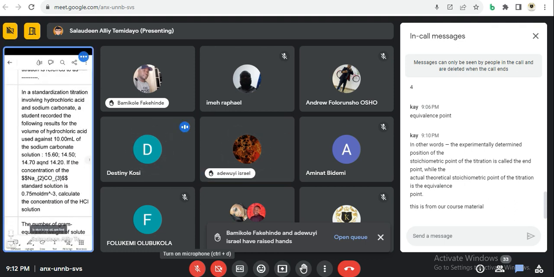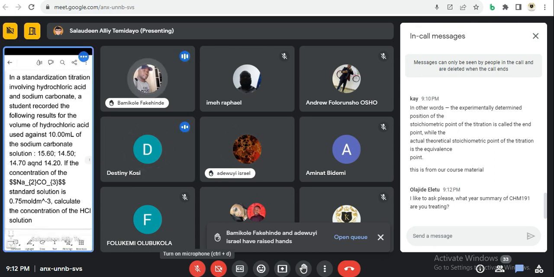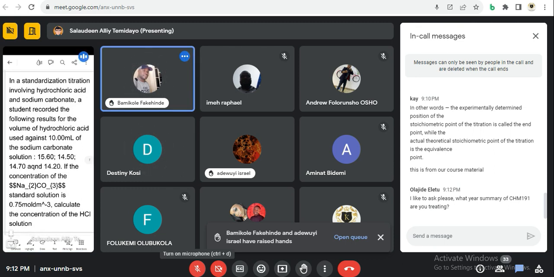This is the question. So everyone solve. We've done some things involving this before. Are we all seeing the question now? Yes. So you write your equation of reaction first, and you get the average volume of the acid used.